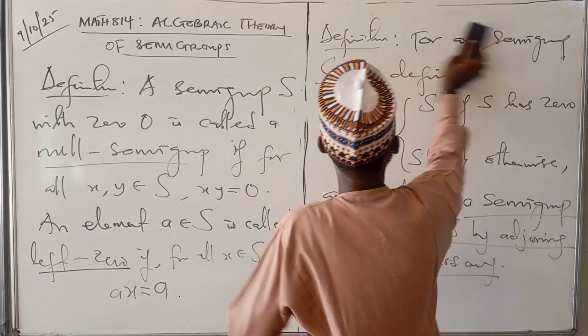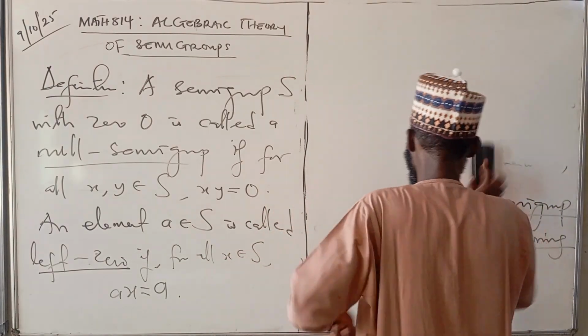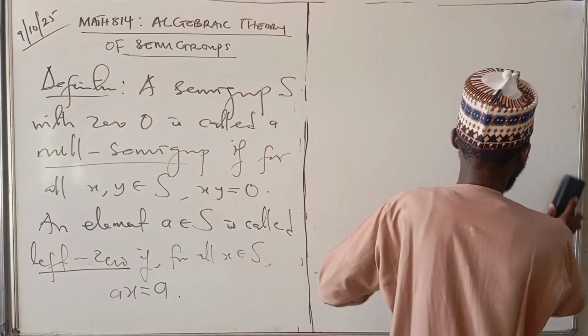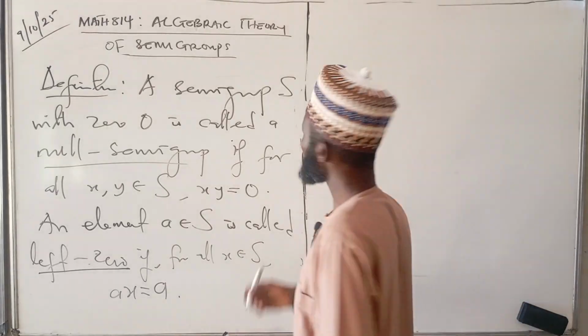And similarly, an element B will be called right 0 if what? Anytime you multiply with it from the right, you get the element back.